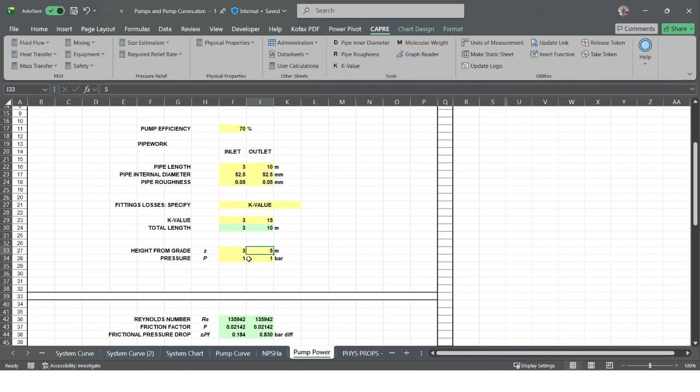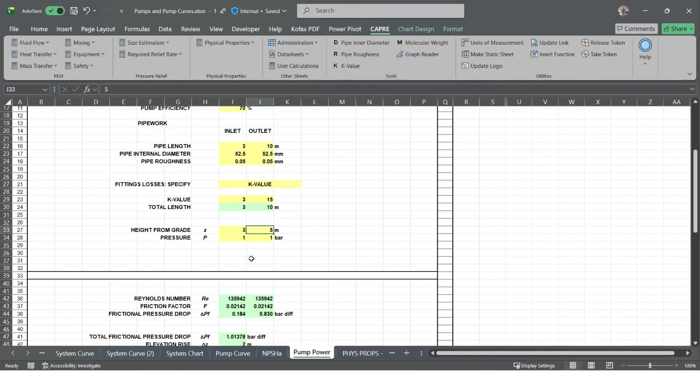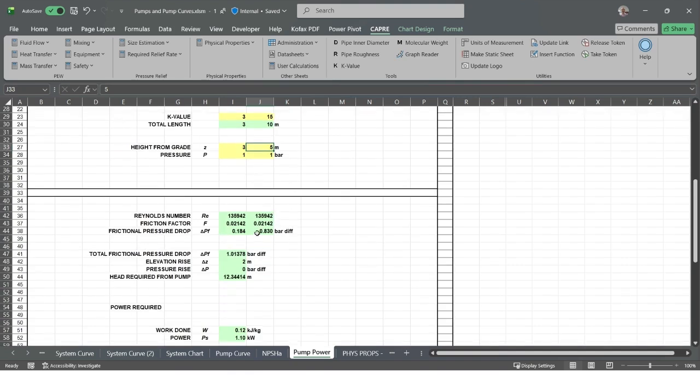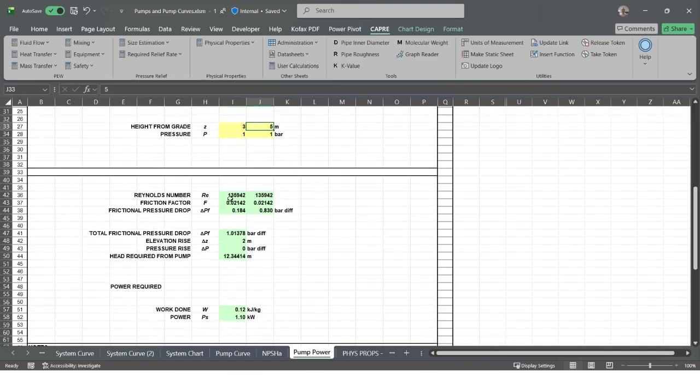And then with the pressures the same in either of the vessels. So again, the green stuff's where it's doing the calculations. But we've got our Reynolds numbers, frictional losses. It's giving us our frictional pressure drop, our elevation rise, differential, pressure rise, and it's actually then worked out the required head of the pump in this calculation.